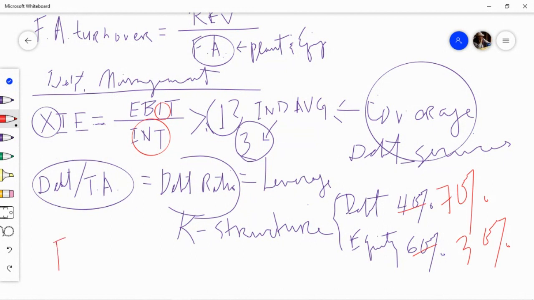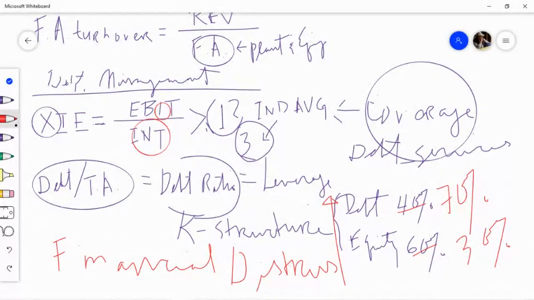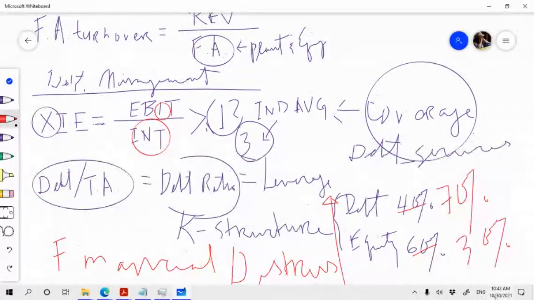Their financial distress will be very high, right? All right, makes sense.